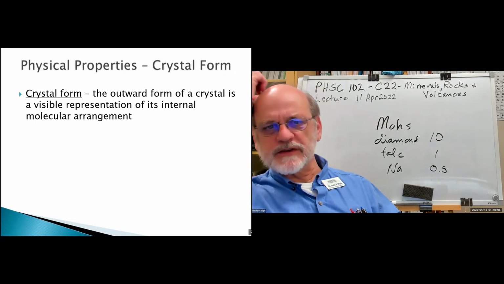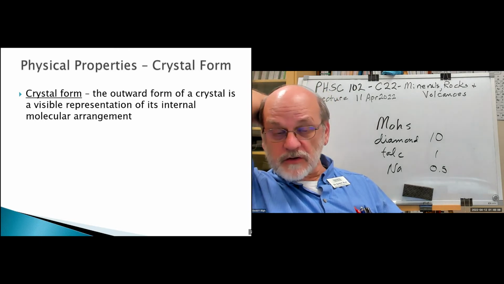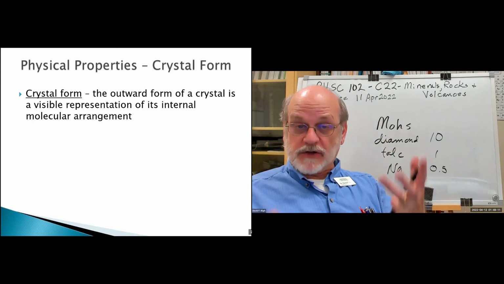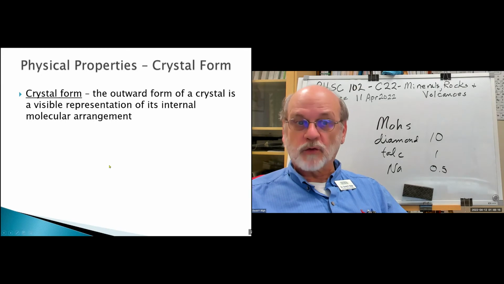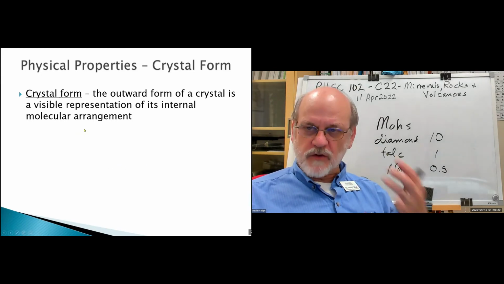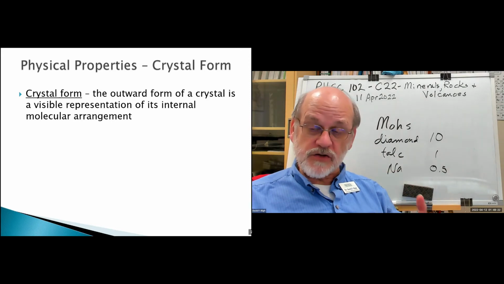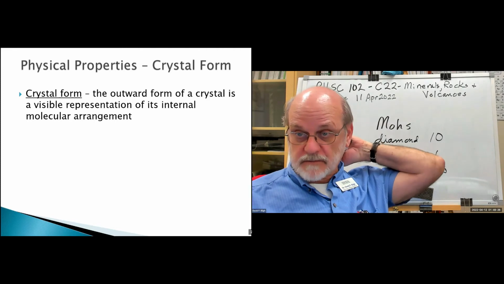All right, so what are some of these physical properties? Well, what is the macroscopic structure of your crystal? What does it look like? What's the outward form? The outward form of a crystal often tells you something about the microscopic structure.